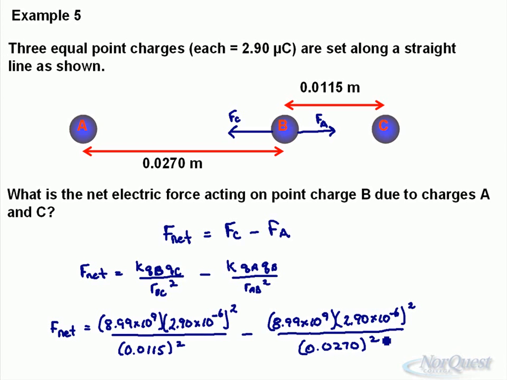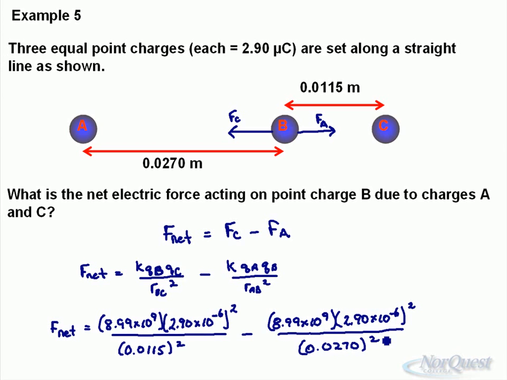Subtract, bracket, 8.99 to the exponent 9 times 2.90 to the exponent negative 6 squared, divide 0.0270 squared.